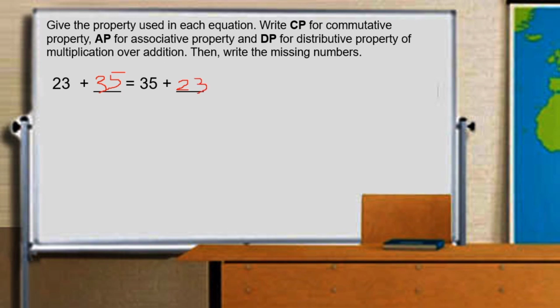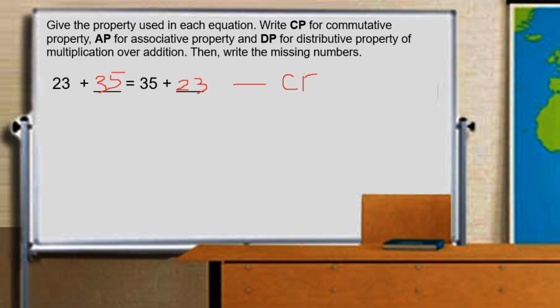So, this one is, kung yung ating given ay nagpalitan ng posisyon or yung ating addends ay nag-change position sa second expression, ang tawag dito ay right. Ito ay commutative property.